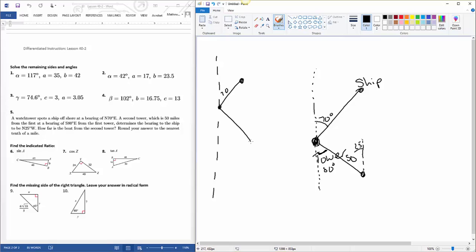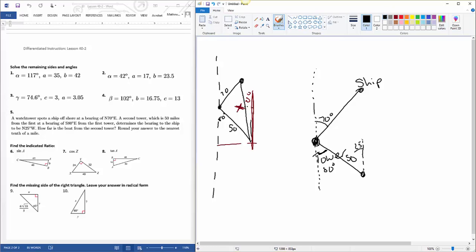I know it travels this way. That's going to be 50, the distance, and this right here is 80 degrees. And then northwest, that northwest right here, so if this is north, this is 25 degrees here. This is how far the boat is from the second tower. So I need to find what this is. Round your answer to the nearest tenth of a mile.